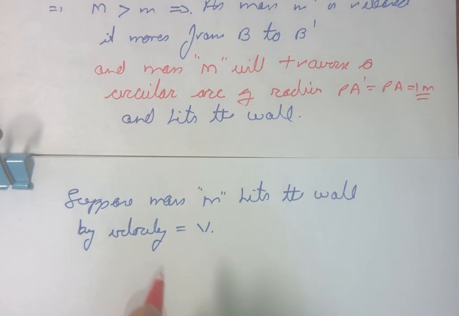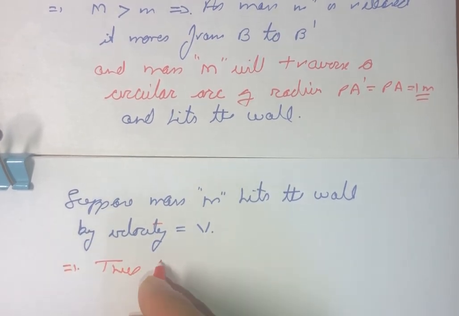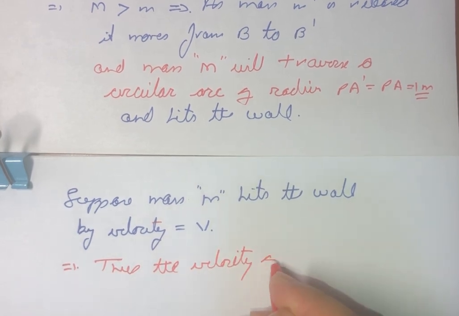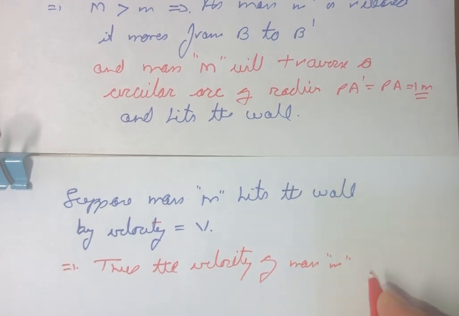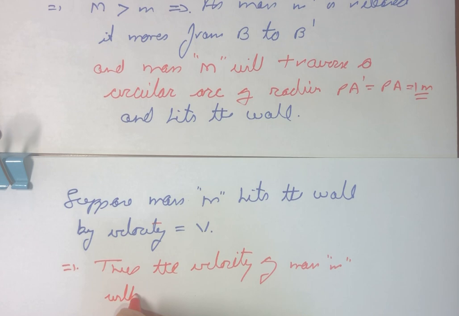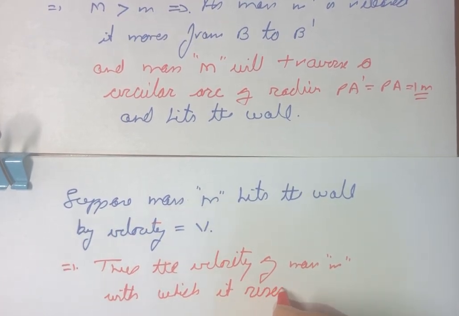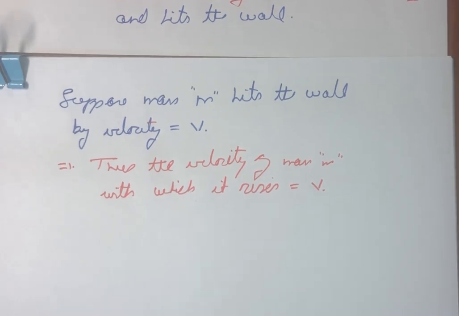From here we can also say that the velocity with which small mass m rises will also be equal to capital V. Next, we use the conservation of energy and write the equation.